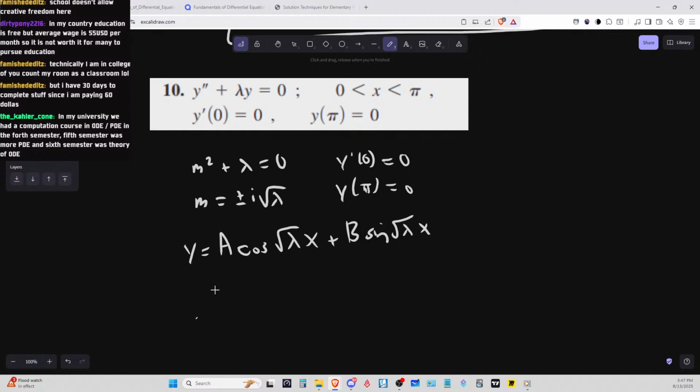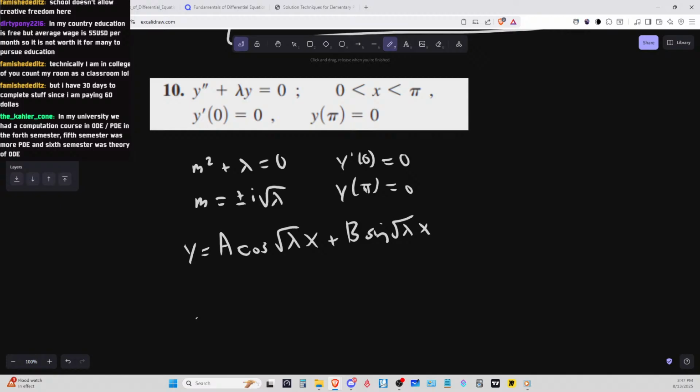But I have 30 days to complete stuff since I'm paying. Oh, let's see. I want to make sure that I didn't miss anything. But the average wage, oh wow, per month. Technically, I'm in college. You count my room as a classroom. Well, technically, the room I'm in, which is the house office, that would be my classroom then.